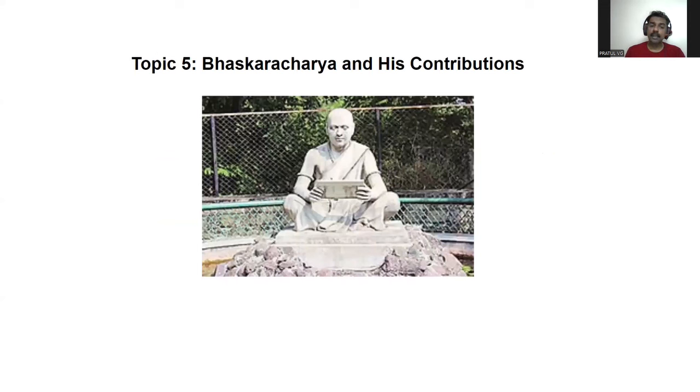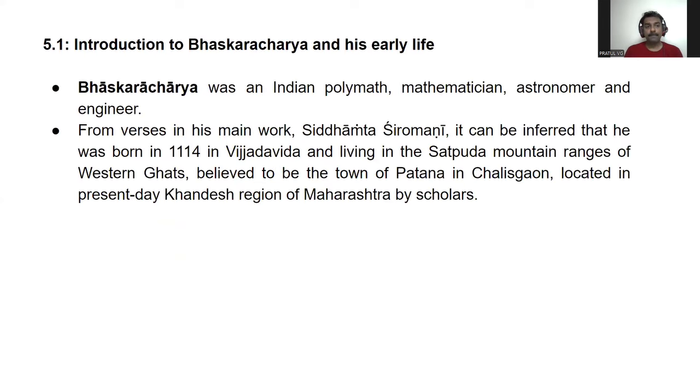The next mathematician we are going to discuss is Bhaskaracharya and his contributions. Bhaskaracharya was an Indian mathematician, astronomer, and an engineer. He is believed to have been born near the Khandesh region of Maharashtra.